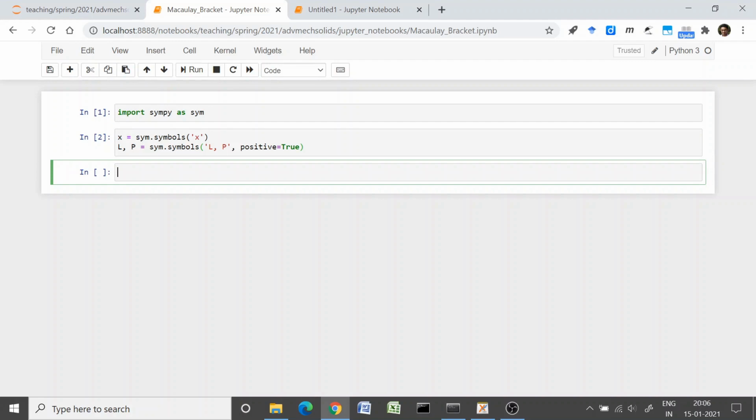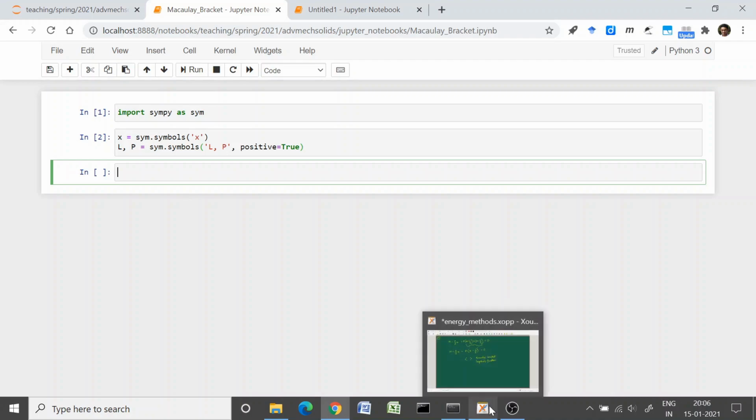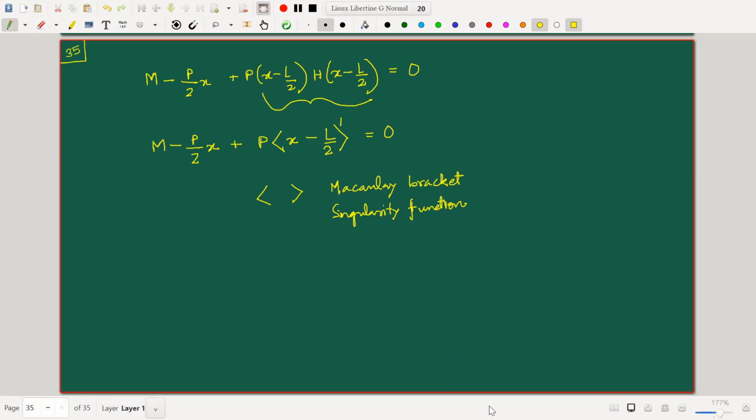All right, now what I really want to do is just this thing. What we were doing earlier, this U_p bar is equal to del/del P of the integral from 0 to L of M squared by 2EI dx.